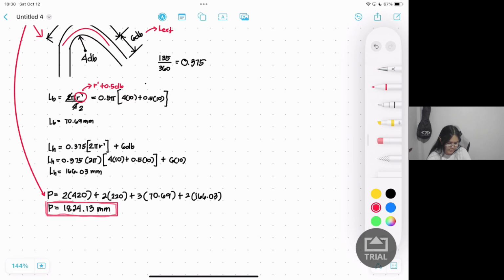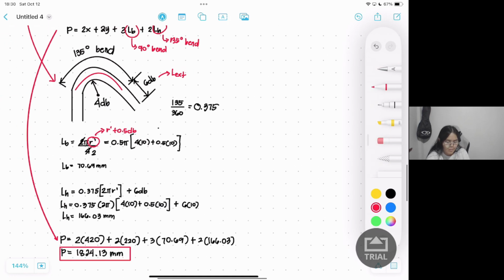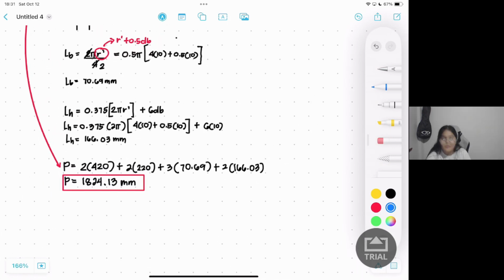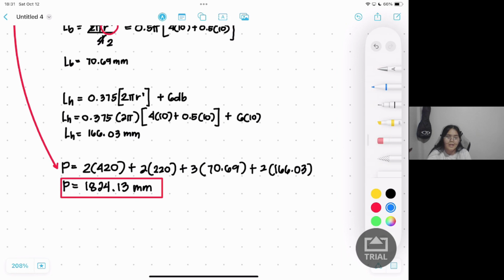So, yan. Okay? So, kapag 90 degree bend lang naman, ang magbabago lang sa computation nyo ay itong LH. Okay? So, try nyo yung solve. Pwede nyong assignment siguro. So, kung na-reach nyo itong part ng video lecture natin, you can PM me sa Discord na lang natin guys.